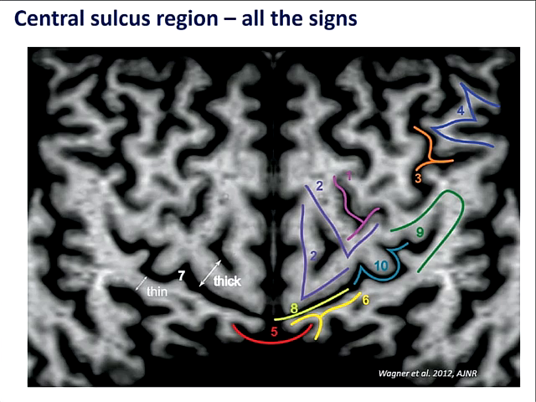Here the number 10, you already know, that's the omega sign, our hand knob. And then you have some other signs as well, some of them are nicely visible in brain sections, some are really complicated to identify. This L sign here, it's called the L sign, is actually quite well visible, because you can now see, similar to this T sign, where the superior frontal sulcus meets the precentral sulcus.